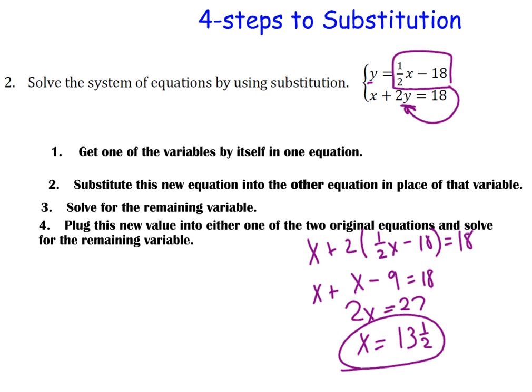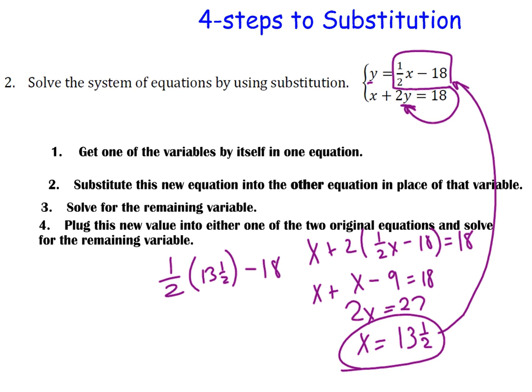Now if I put that back in for x and figure out what y is. The good news is I can put it into whichever equation I want, it doesn't matter. So if I put this in here, I will get 1/2 times 13 and a half minus 18. 13 and a half divided by 2 is 6.75, minus 18.